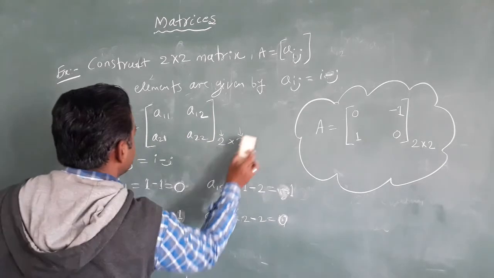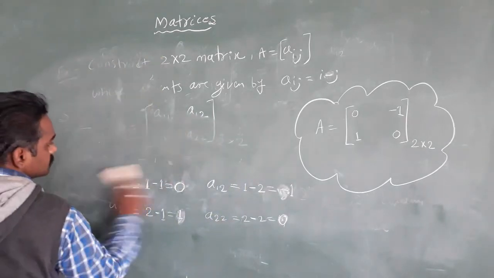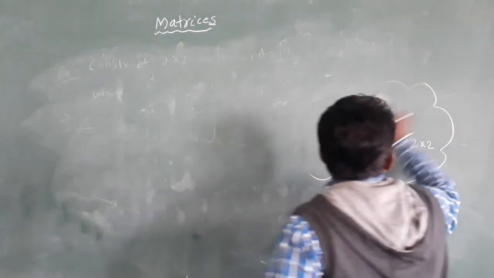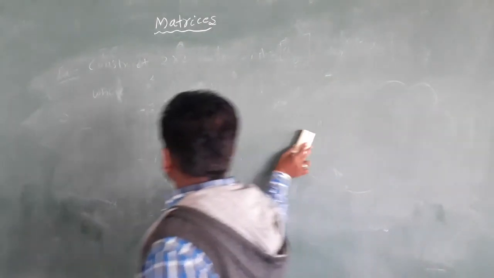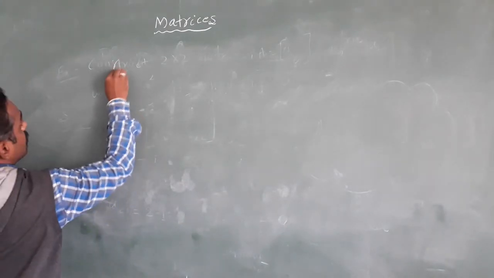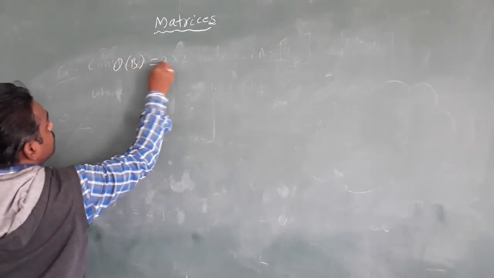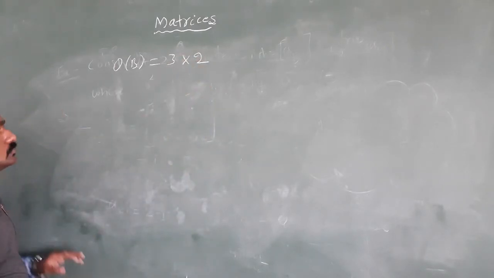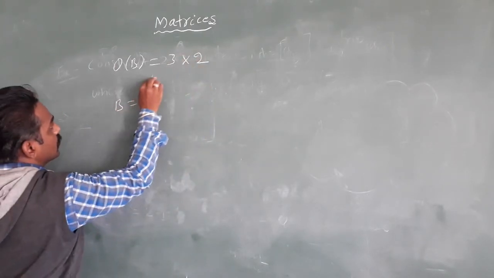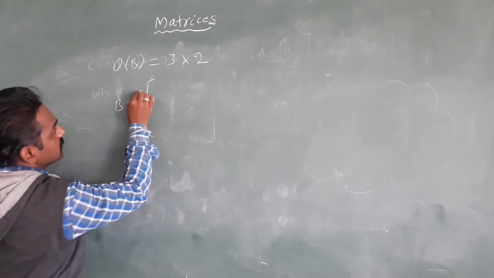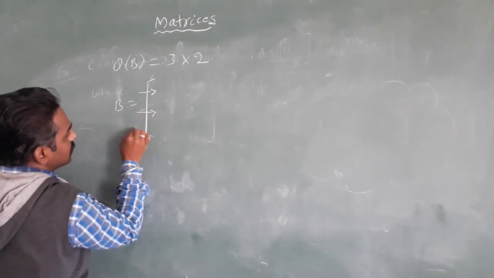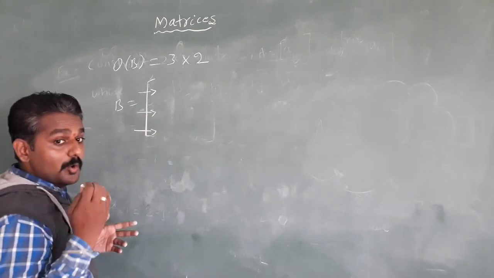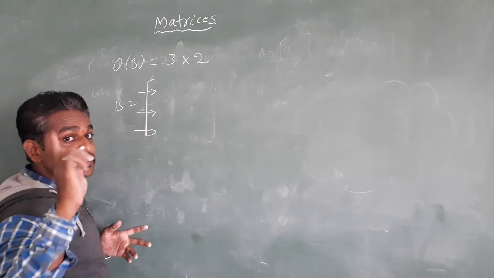See here, I will write one example. A matrix of order 3 cross 2. We will take the matrix B of the order 3 cross 2. B equal to this is the first row, second row, third row. Then how many elements should it contain in each row?